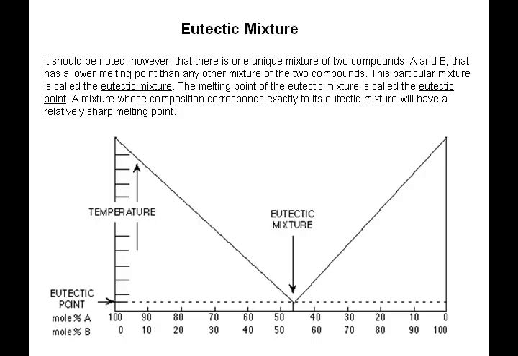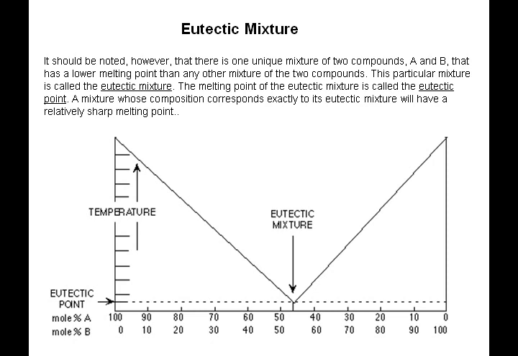You should note that there is one unique mixture of two components in a solid that has a lower melting point than any of the other mixtures. That is a certain mole fraction, a certain proportion of A and B that has a lower melting point than any other mixture or proportion of A and B. In fact, that melting point is actually very sharp.